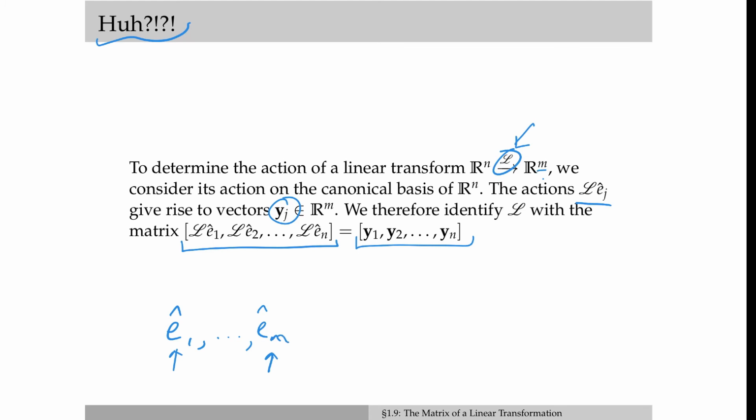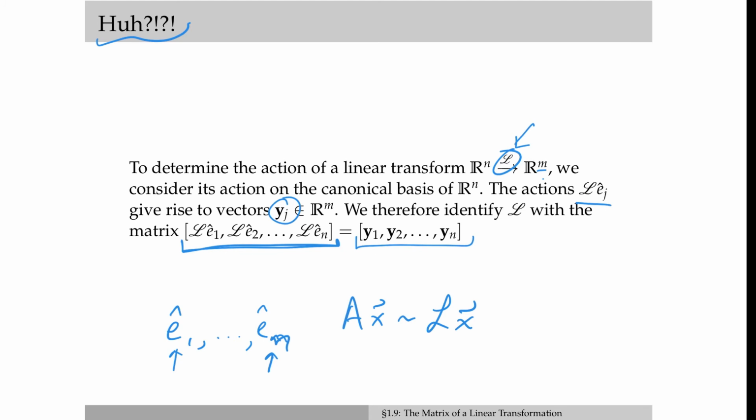Oh, wait, no, I was right. Sorry, Rn. If I can describe how L acts on each of these n vectors, then I can completely describe a matrix that will have that same action, so that I can do something like Ax, rather than L applied to x. Okay, let's actually do this.